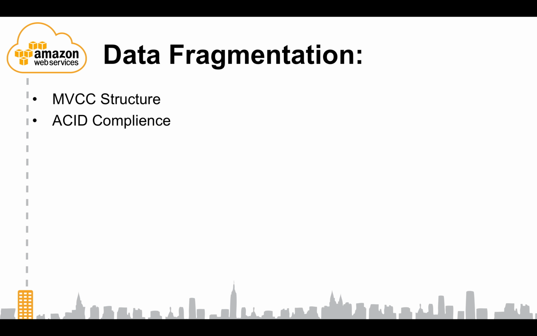The first one is the MVCC structure in Postgres, and the other one is ACID compliance. As we know, PostgreSQL follows MVCC. Therefore, whenever we delete a record, it is not actually deleted. The record is marked obsolete, and then those obsolete records are deleted only during DB maintenance activities like vacuum or auto vacuum.